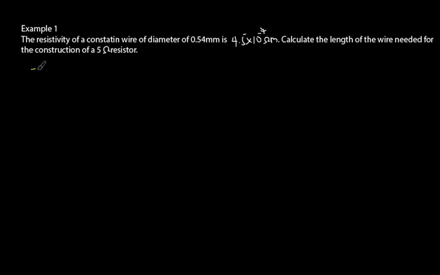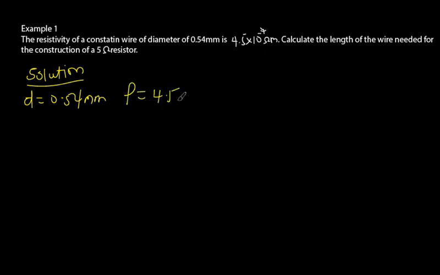So solution, let's jot down everything we know. The diameter is 0.54 millimeters. Now the resistivity is what we are given over here. So we have the resistivity to be 4.5 times 10 raised to the power minus 7 ohm meters.